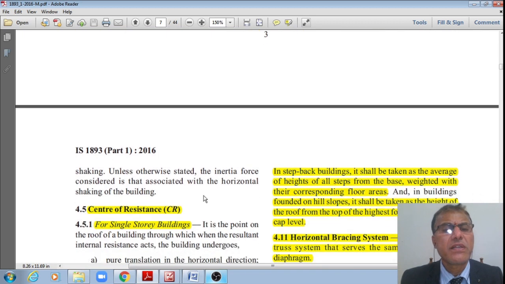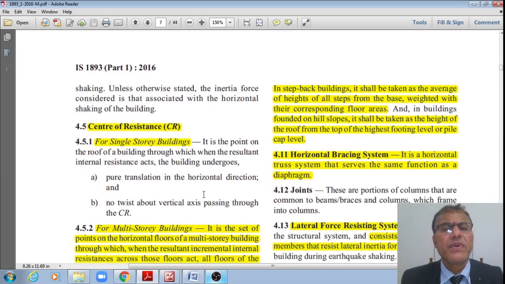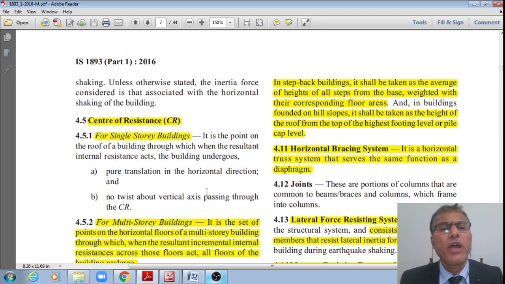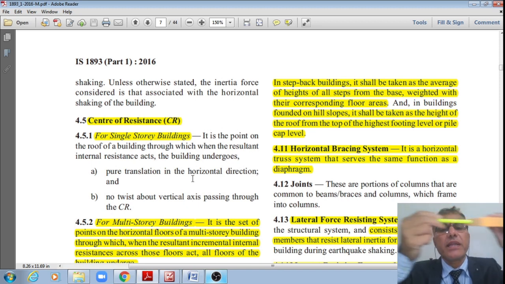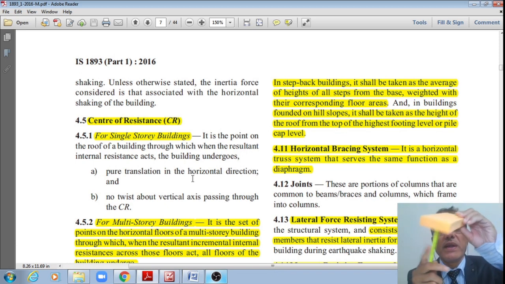Now, next one is the center of resistance. For a single storied building, it is a point on the roof of the building through which, when the resultant internal resistance acts, the building undergoes pure translation in the horizontal direction and no twist about the vertical axis passing through the center of rigidity.